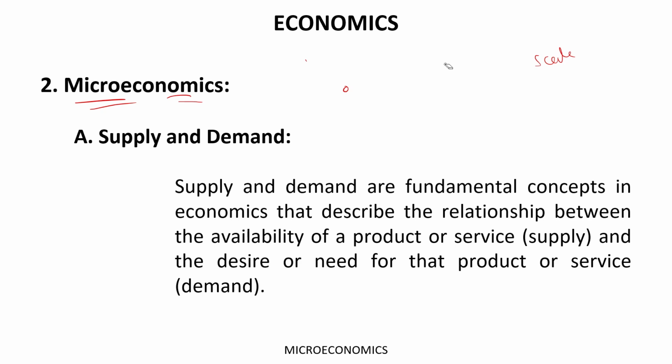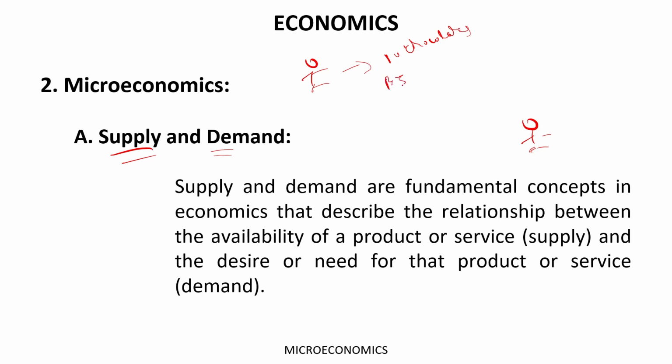So first we have supply and demand. What do you mean by it? Basically, if this is a person and this is a person, this person is demanding 10 chocolates at rupees 5 each. So he can offer rupees 50 to the person who will supply the chocolates to him.